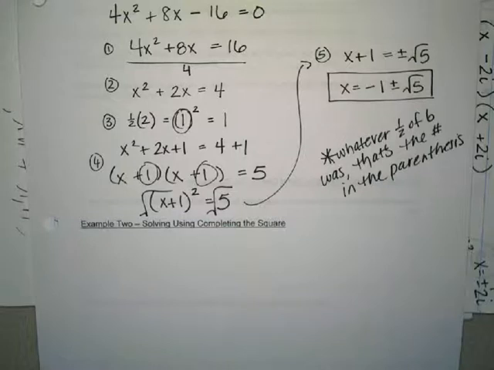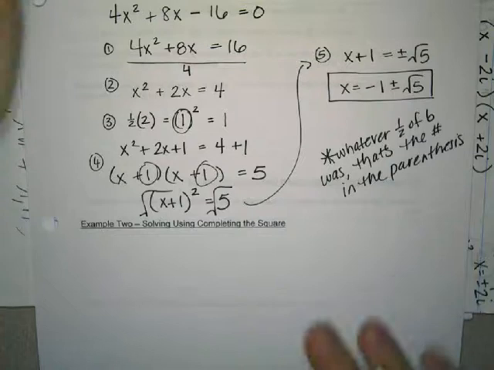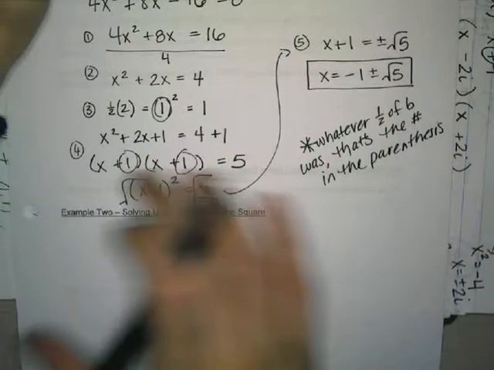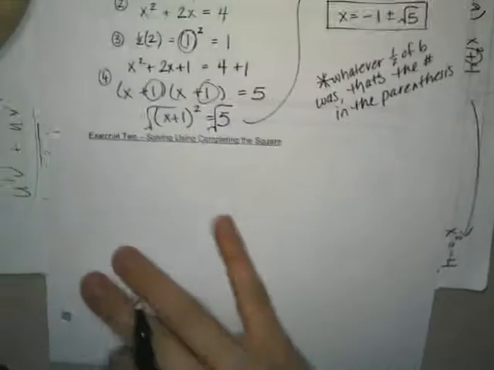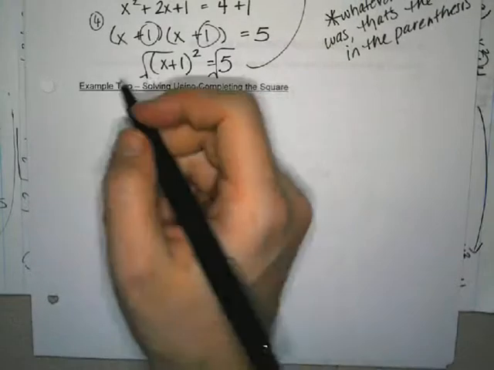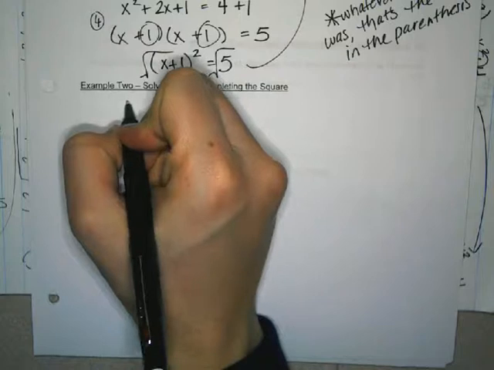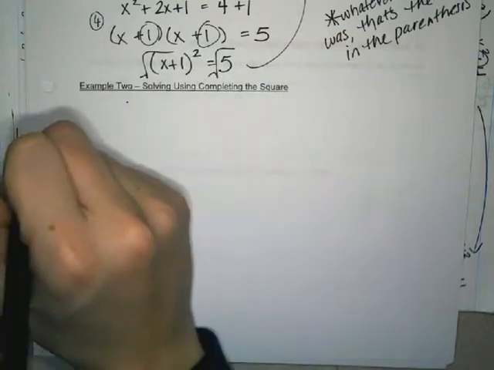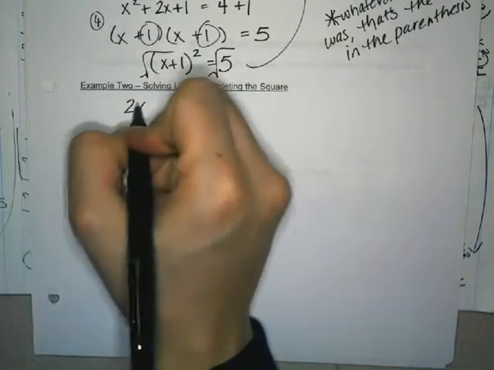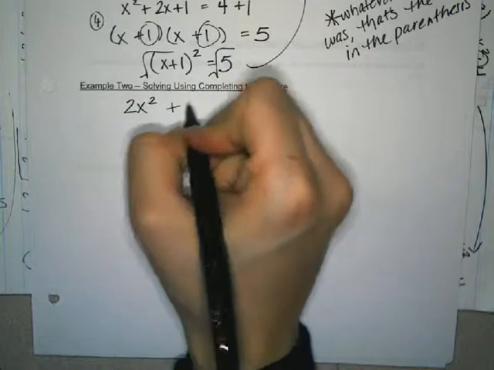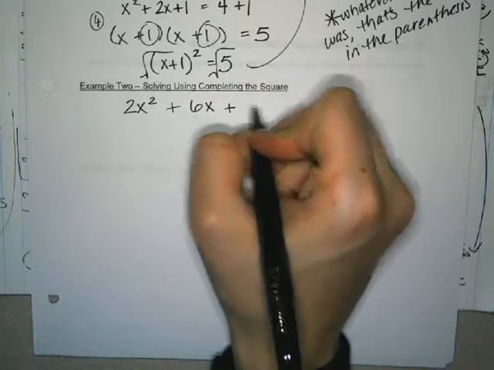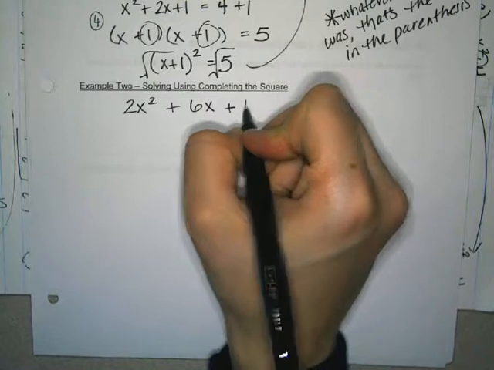I'm going to include some fractions, and so it's going to be less cumbersome if we know that that's the pattern. Okay, let's go with 2x squared plus 6x plus, I don't know, 15.